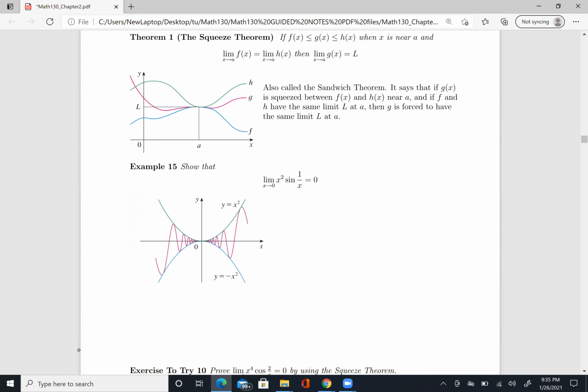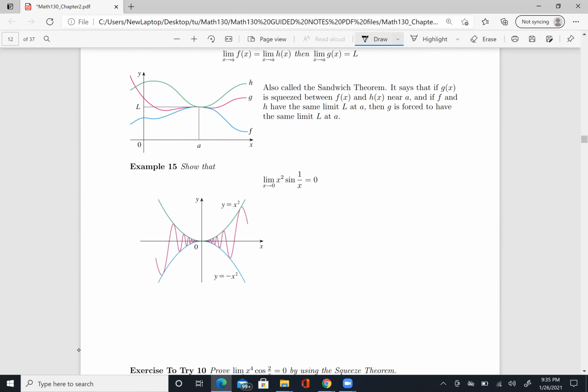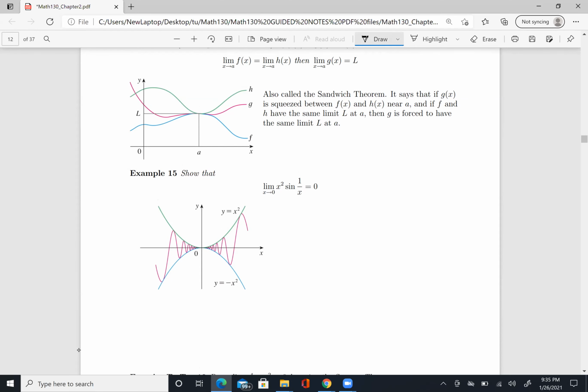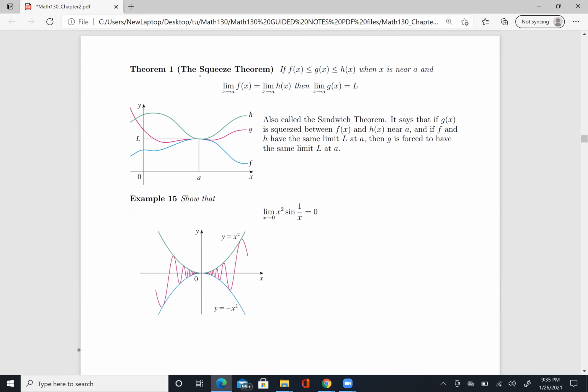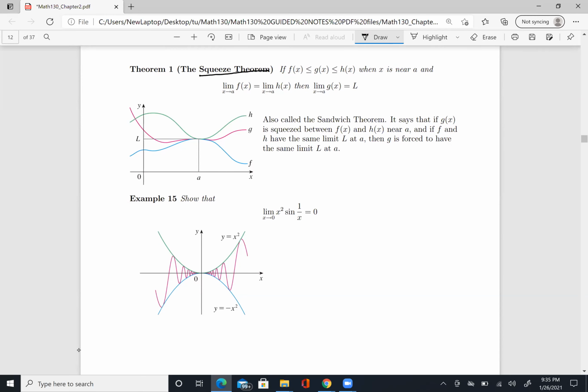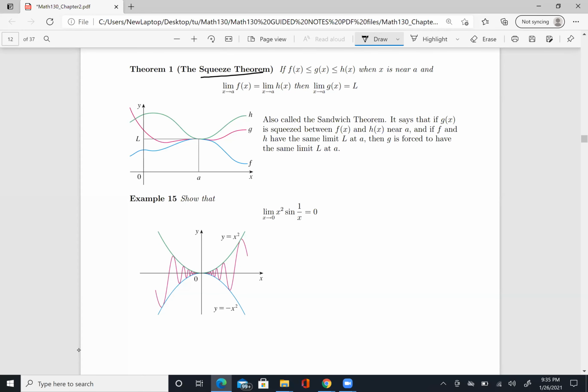Okay, I have the squeeze theorem. In my notes, I also say it is theorem number 1, but you guys can remember it by its name, the squeeze theorem. All right.